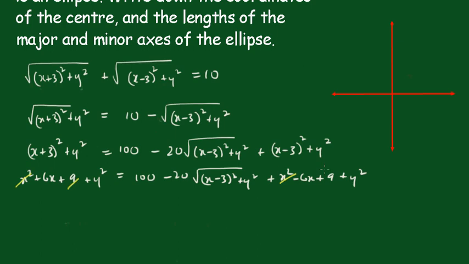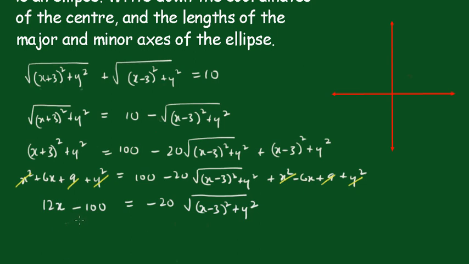The 9's go. The y squareds go. We'll take that minus 6x across the other side. We get 12x minus 100 equals minus 20 outside of the square root of (x minus 3) all squared plus y squared.